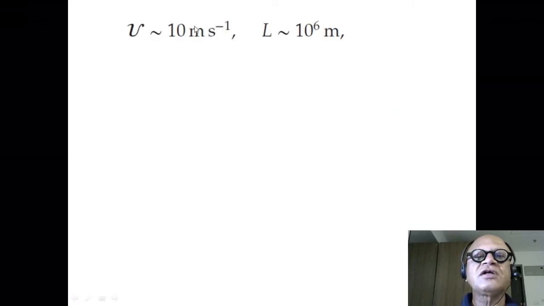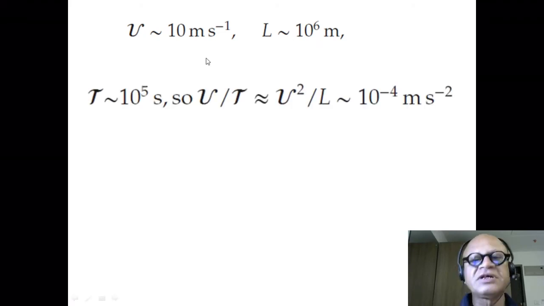Let's look at a few numbers then. V is order 10 meters per second, as I said. The horizontal scale is actually 10,000 kilometers, so 10 to the 6 meters, and the time scale is of the order of a day, so 60 times 60 times 24.